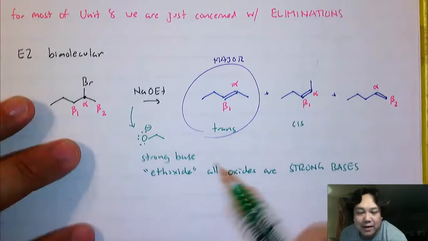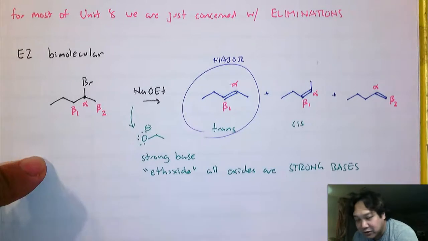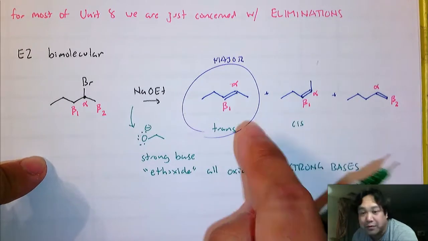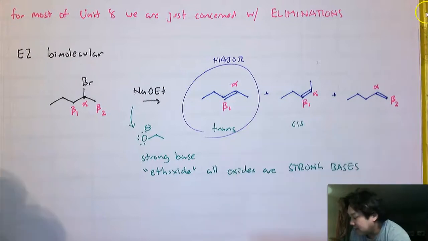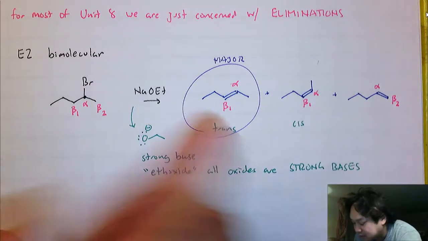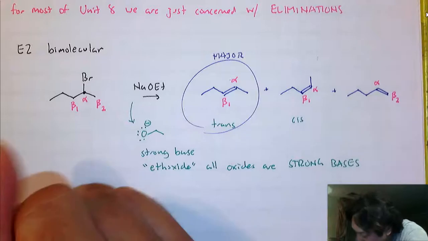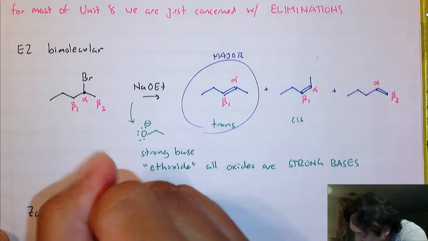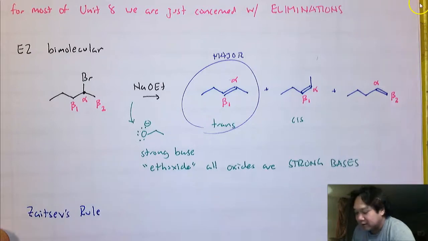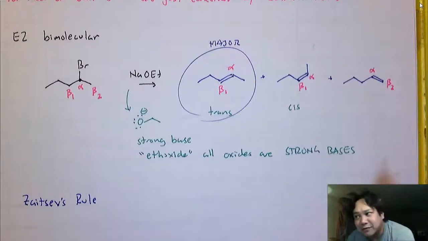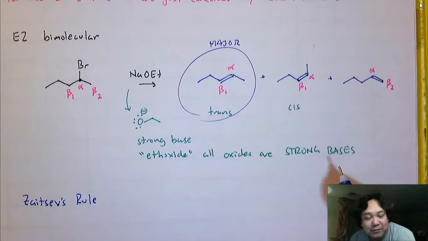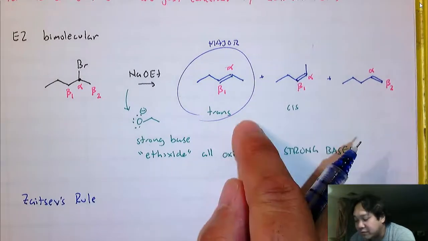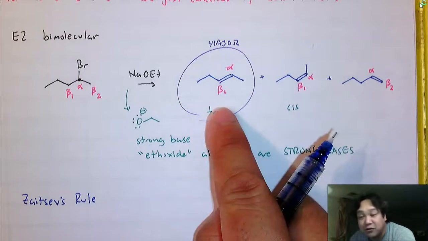For my class, when you do an elimination, I do want you to draw all the possible alkenes and then circle the major product. The major product actually is called the Zaitsev product. And we are using Zaitsev's rule. You have Markovnikov's rule when we did addition reactions with alkenes. Here we have Zaitsev's rule when you're trying to figure out the major product out of a mixture of alkenes.